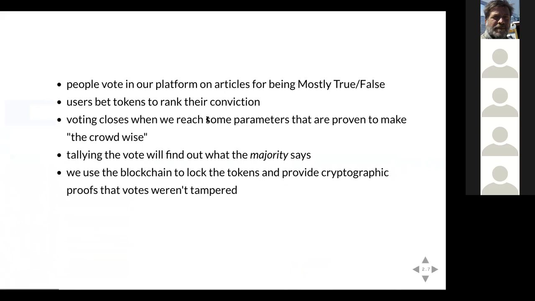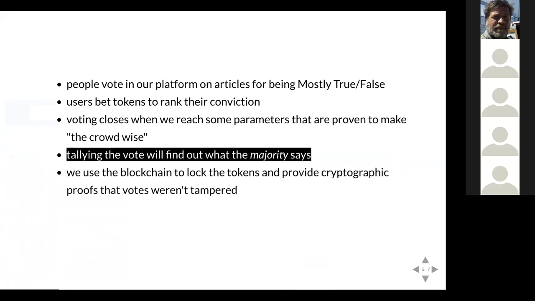And the vote will close only when it reaches some parameters, because those are being studied in economics and other papers to let the crowd be wise. So when we tally the vote, we will find out what the majority says, and if it's a high enough majority, we would say that they decided something is mostly true or false, and we will agree with that.